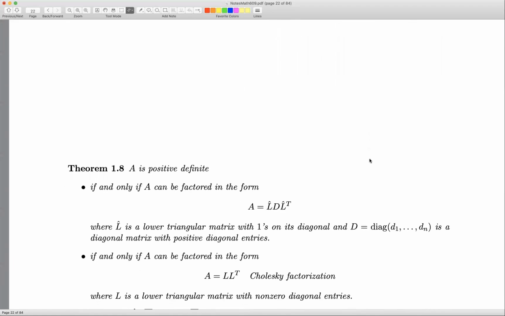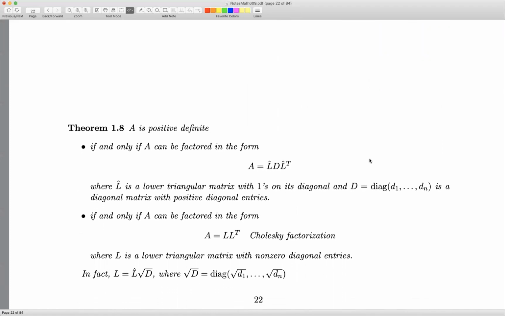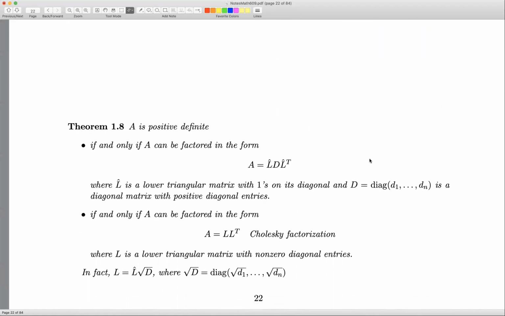To go a little bit further, the following is true. A matrix A is positive definite if and only if A can be factored in the form A equals L hat times D times L hat transpose, where L hat is a lower triangular matrix with 1 on its diagonal, and D is a diagonal matrix with positive diagonal elements.